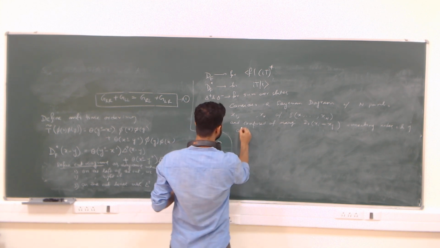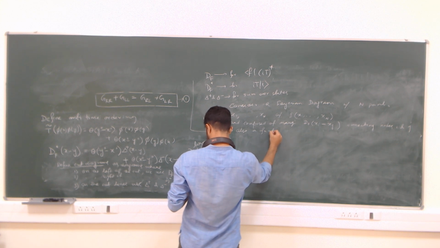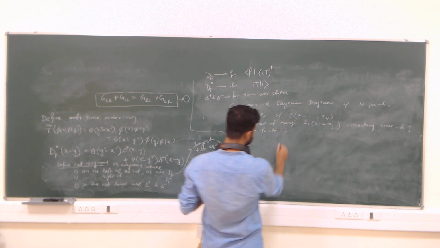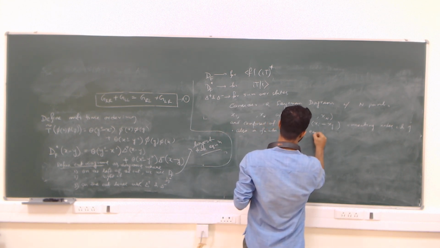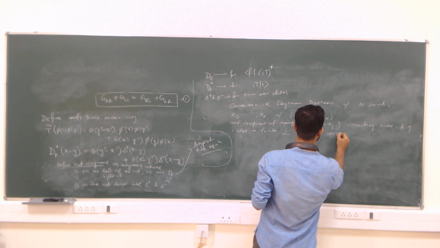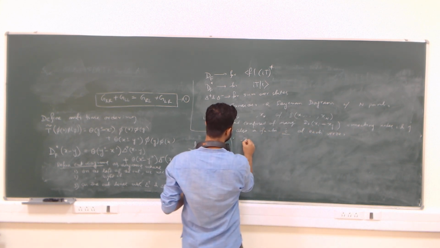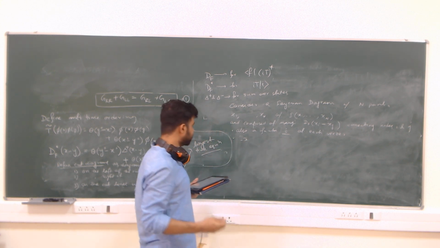We also have a factor of i, the imaginary current, at each vertex. In fact, there is also a minus lambda factor which comes from the coupling, or what order we are looking at.